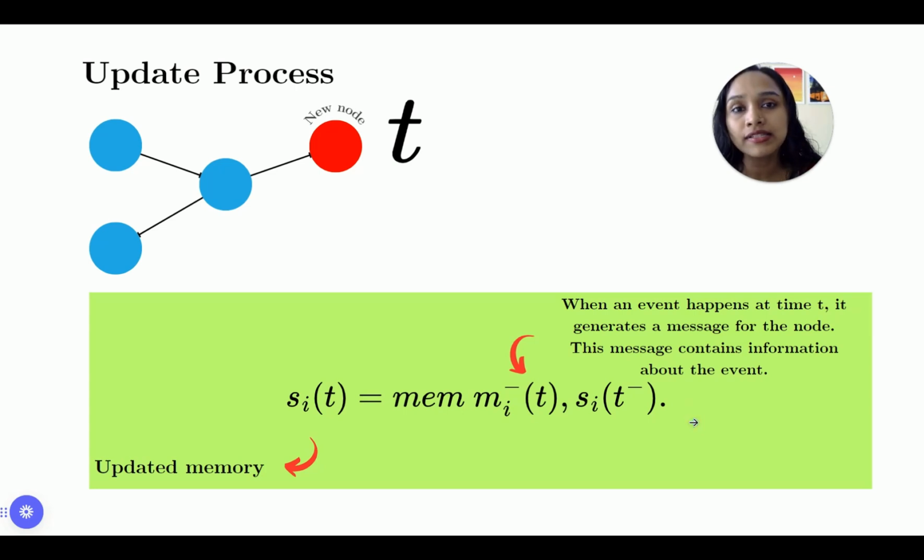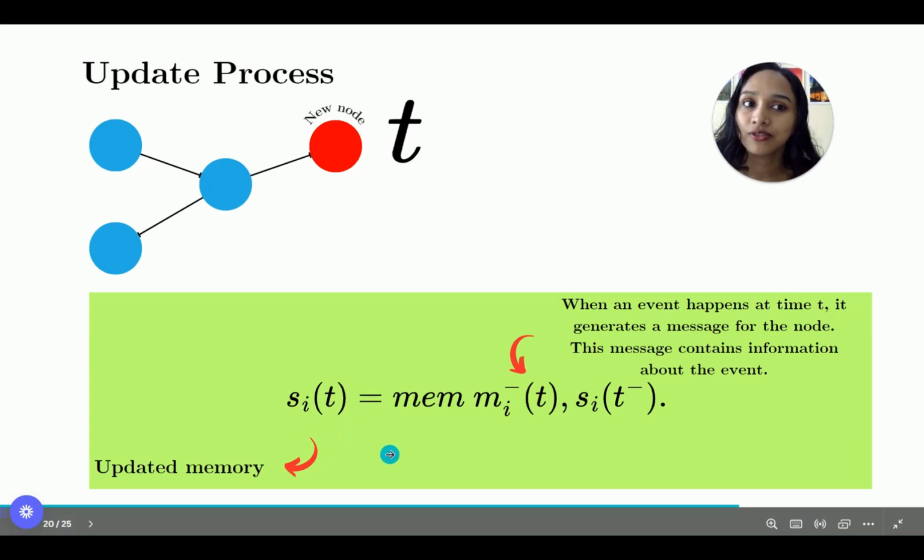When an event happens at time t, it generates a message for the node. What this message contains is the information of this node at this particular instance of time and the previous instances of time. And based on that, we update the memory of this node.